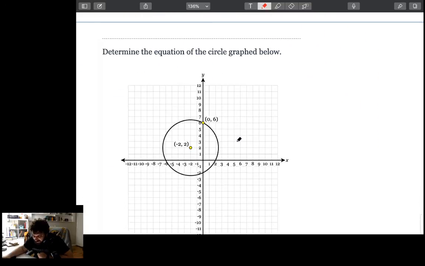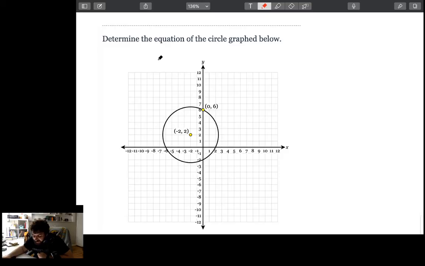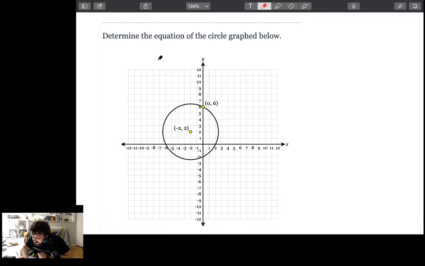Last, but certainly not least, I have determined this equation of a circle graph below based on my equation of a circle, and I'm going to have to use the distance formula here. So, a quick look at our circle equation: (x minus h) squared plus (y minus k) squared equals r squared.